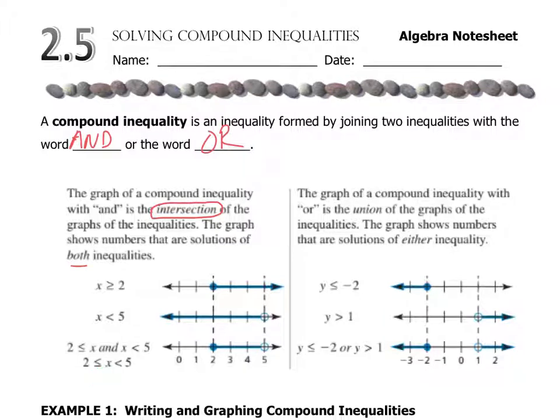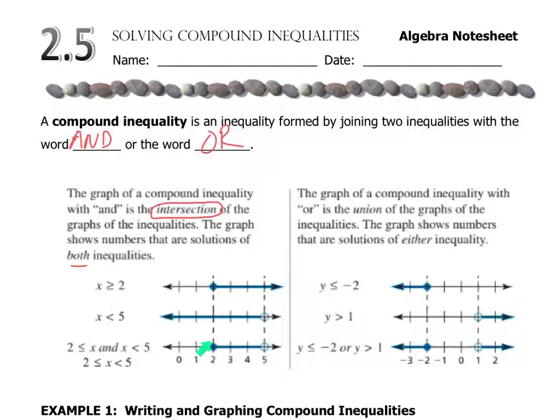So notice what happens here: if I get a compound inequality that's combining both restrictions, I'm going to take these two number lines sitting on top of each other and just follow down to the overlapping parts. So this one little section in here would be the graph, or the solutions, of the compound inequality 2 is less than or equal to x, which is also less than 5.